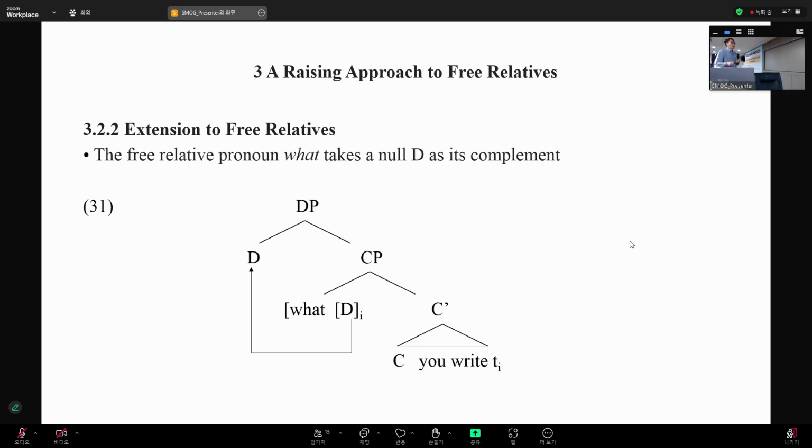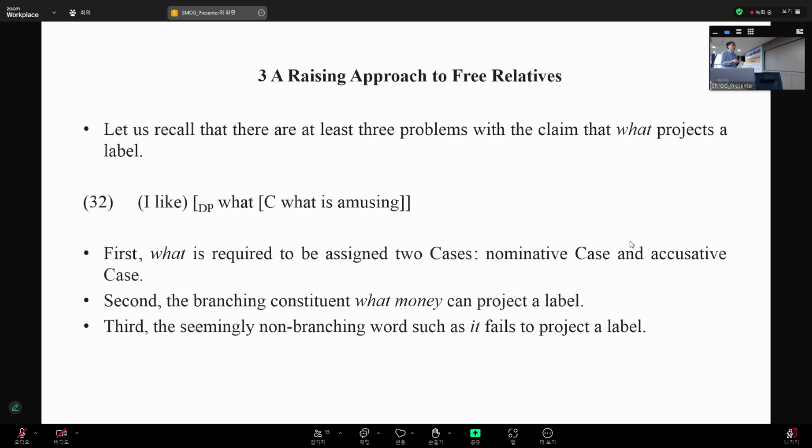So the DP is assigned another case from the outside. So there is no case conflict and there is no violation of the criterion because what is assigned the theta role from right and D projection is assigned one more theta role. So this is not a violation of the theta criterion. So all the problems are resolved.